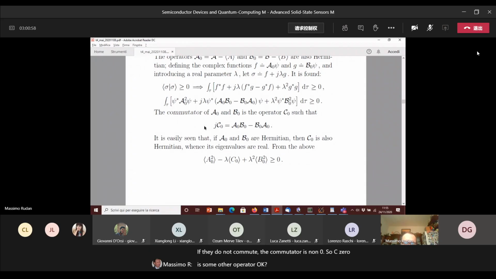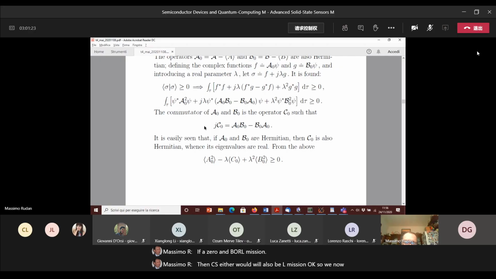Why do we use the coefficient J in the definition? The reason is easy. With this definition, with the J, if A0 and B0 are Hermitian, then C0 will also be Hermitian, okay?